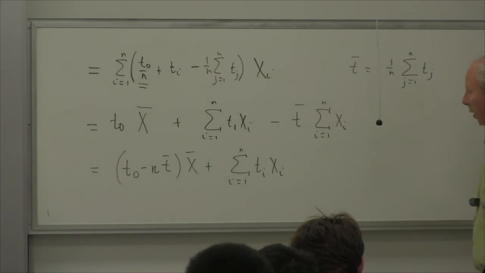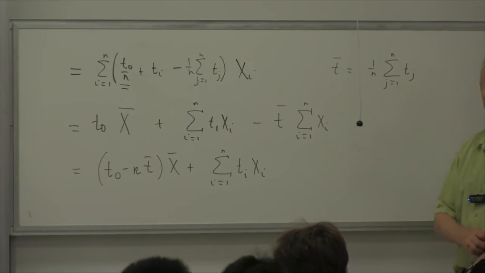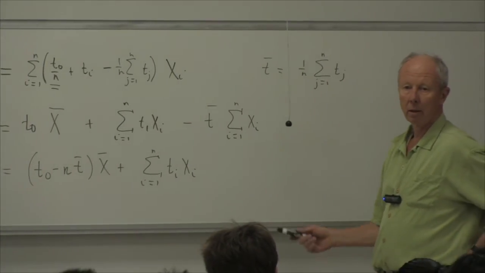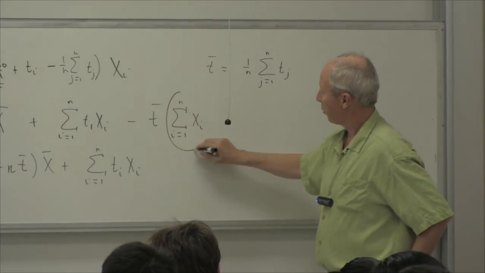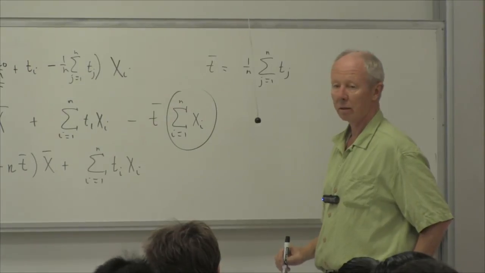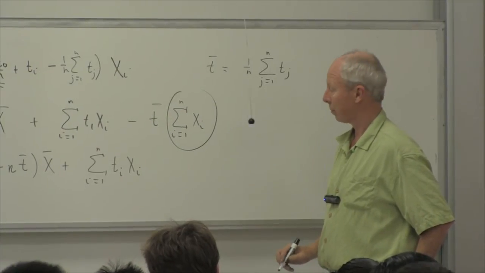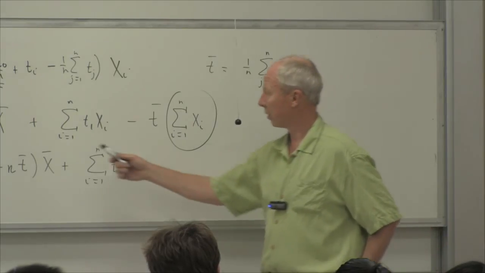So we could rewrite it this way. This is not x bar, is it? But it's n times x bar. So I combine that with this.